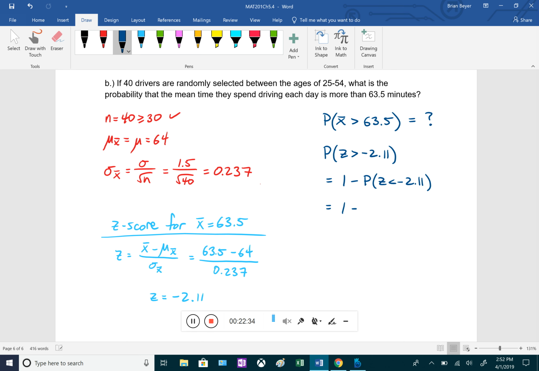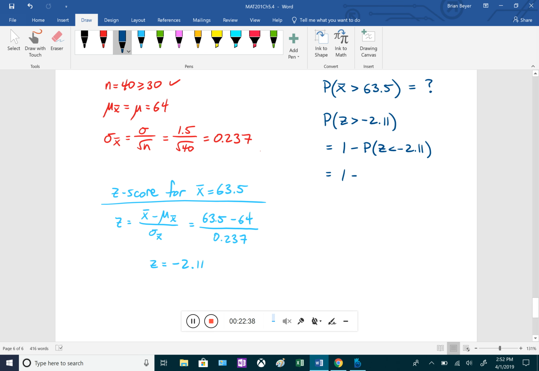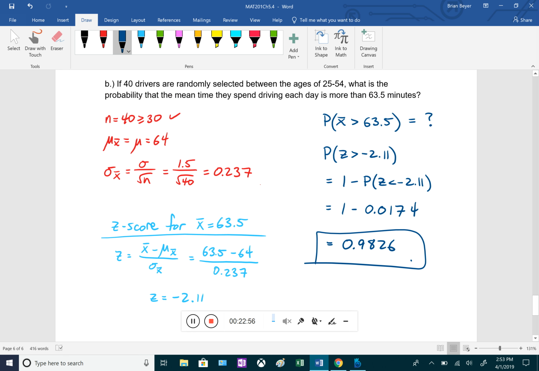So we look up the area to the left of negative 2.11 on the table. That would tell us that it's 0.0174. We subtract those and we get 0.9826. So there'd be a 98.26% chance of this happening. Okay, so that is it for this section.